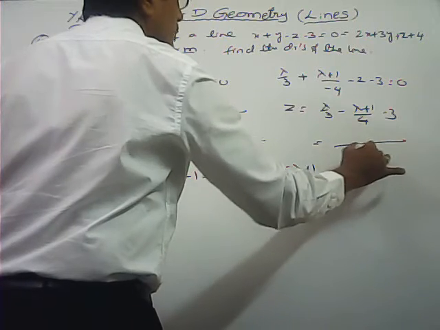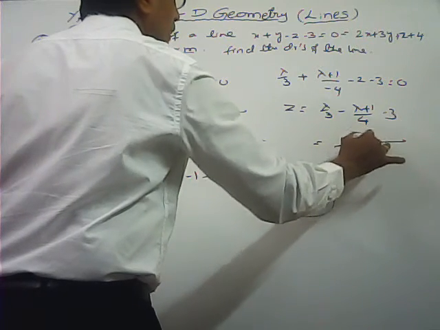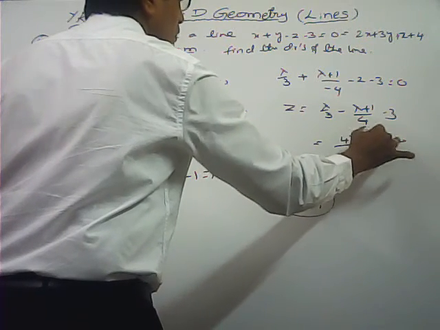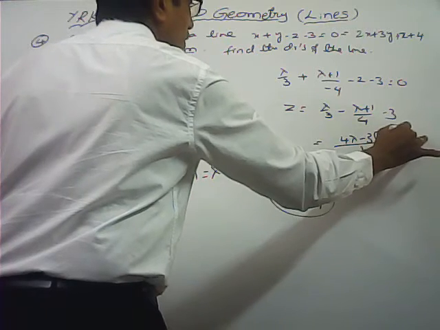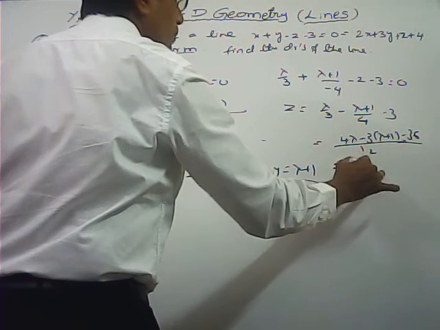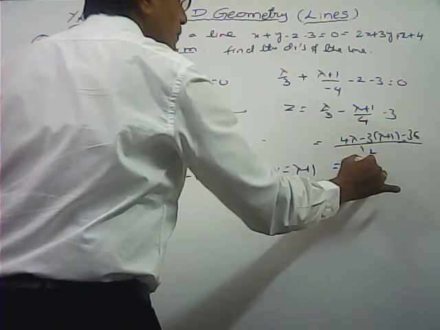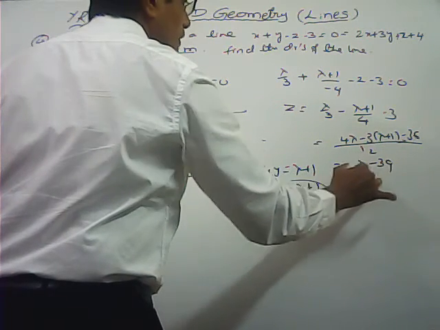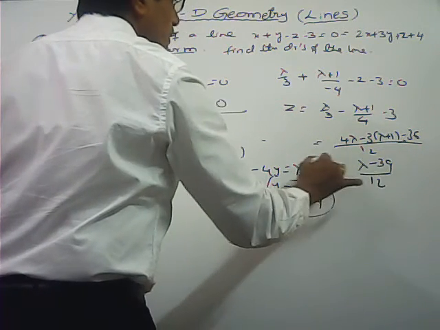Here you can take the LCM: 4 lambda minus 4, 3 times 3 into lambda plus 1, minus 36. That is equal to lambda minus 3 minus 36, that is lambda minus 39 by 12. That is the z value.